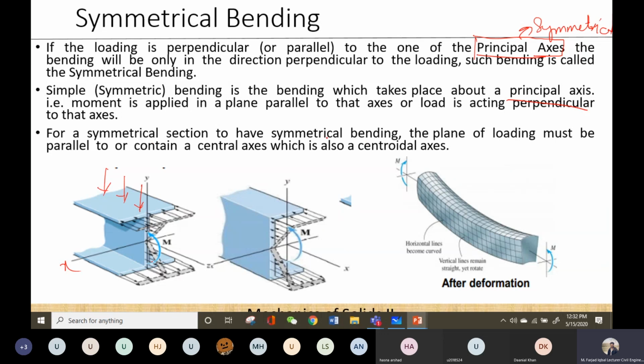For example, for a symmetrical section to have symmetrical bending, the plane of loading must be parallel to or contain a central axis which is also a centroidal axis. For example, in this case, this is also the principal axis, centroidal axis, symmetrical axis. So when the loading is parallel to or perpendicular to these axes, then the bending that will take place is symmetrical bending.